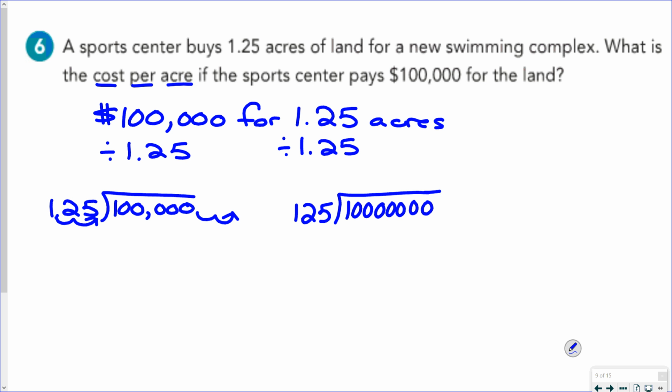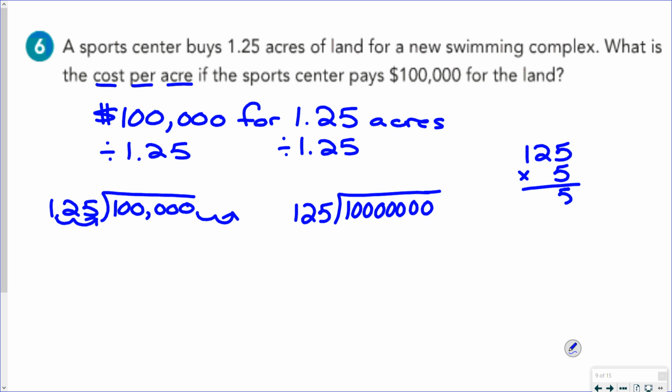Now you might get stuck. You might say, well, I don't know how many times 125 would go into 1,000. So maybe you make a guess, and your first guess could be 5, because it's right in the middle. When you multiply by 5, if your answer is too high, you use 4, 3, 2, or 1. If it's too low, use 6, 7, 8, or 9.